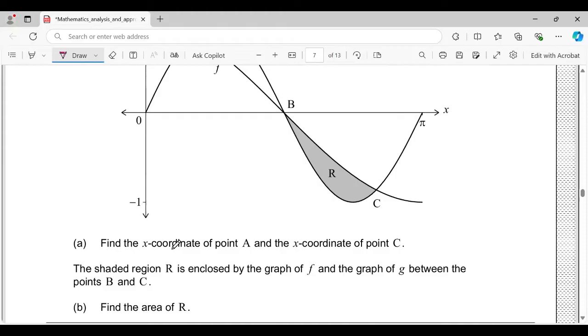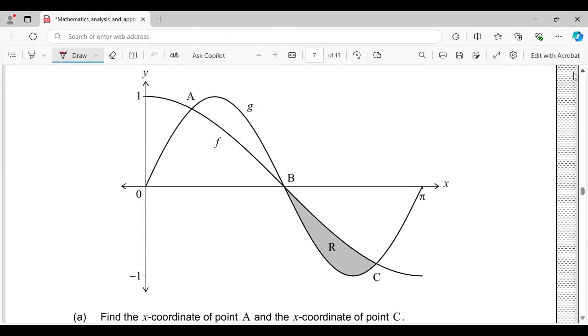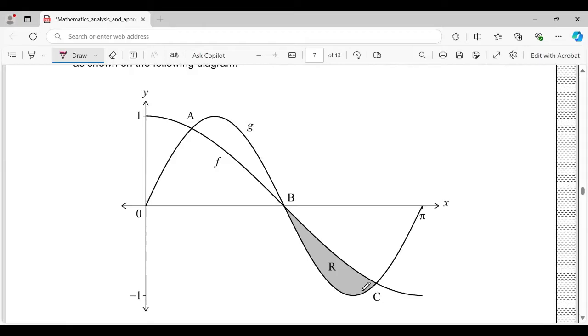Find the x-coordinate of point A and the x-coordinate of point C.